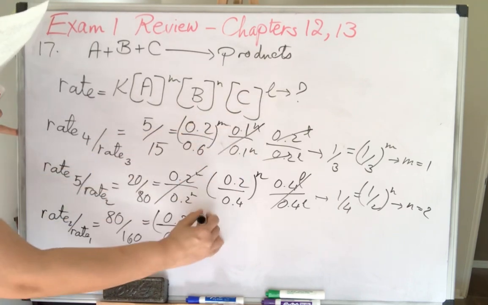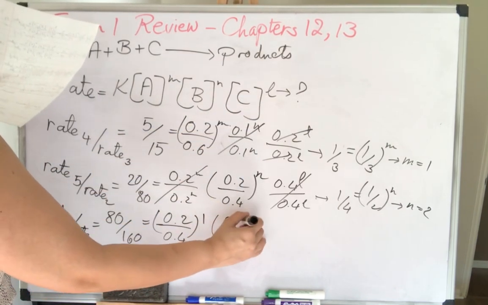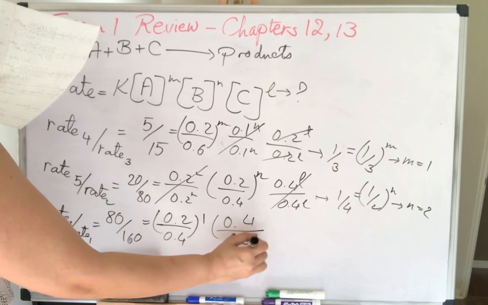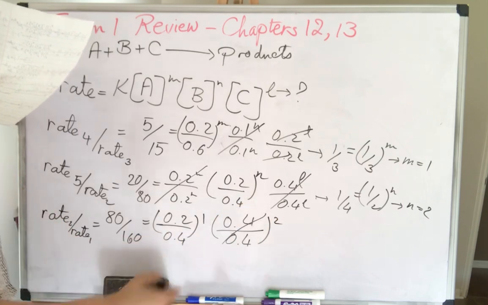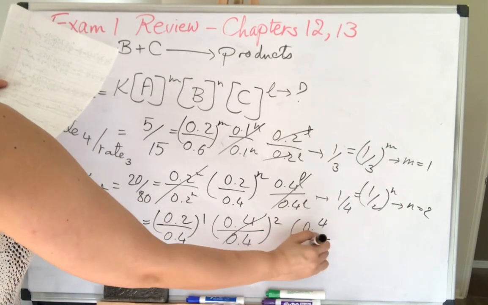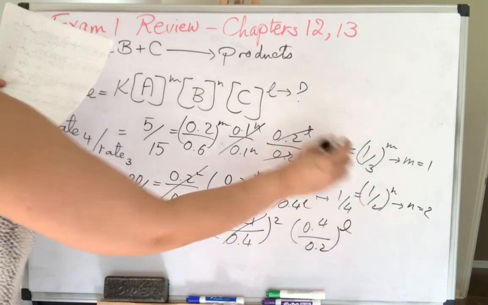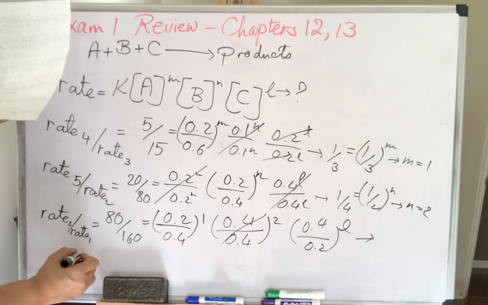You found m as 1. Plug it in. For concentrations of B, you have both 0.4 and 0.4, and n is 2, but anyway, it's 1. And for C, you have 0.4/0.2 to the power of l.